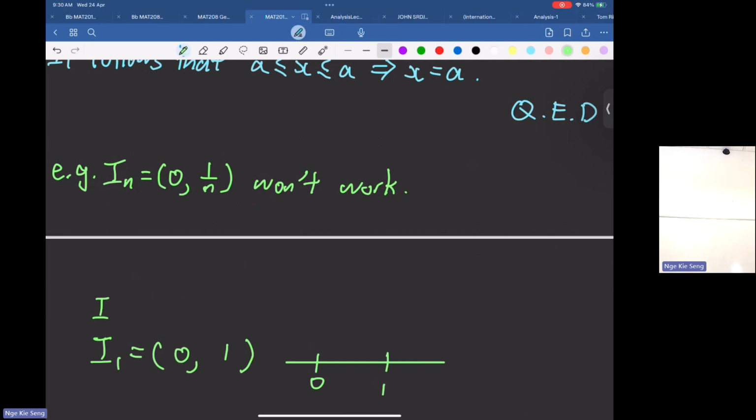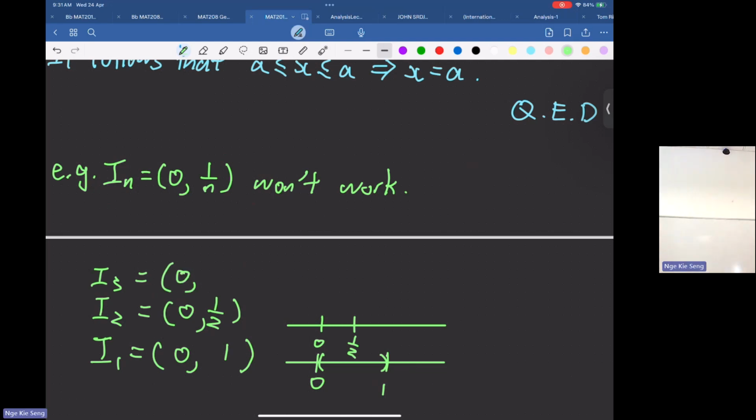What is I2? 0 to half, but not taking the endpoint, right? So 0 to half is maybe around somewhere like this. And I3 is 0 to 1 over 3.